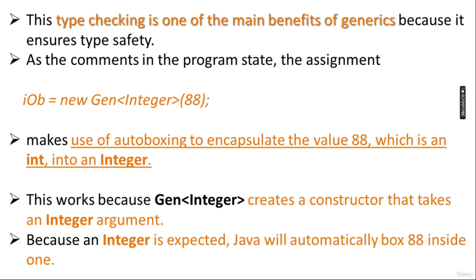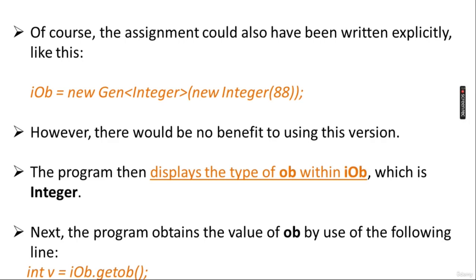This works because Gen<Integer> creates a constructor that takes an Integer argument. Because an Integer is expected, Java will automatically box 88 to the wrapper class Integer. The assignment could also have been written explicitly like new Integer(88), but since autoboxing is available, we are not writing it in such a way.